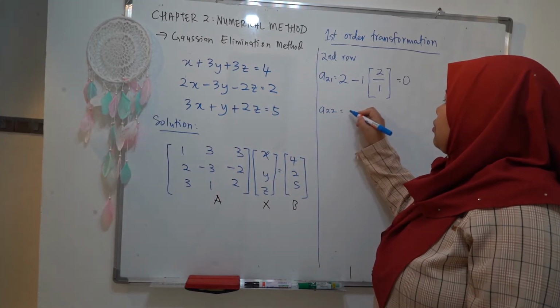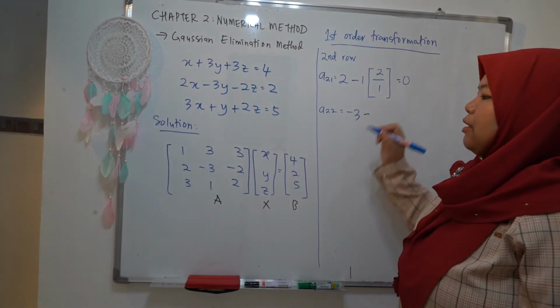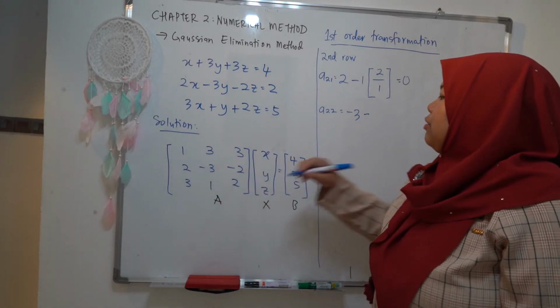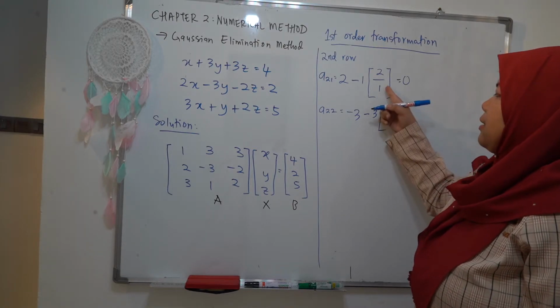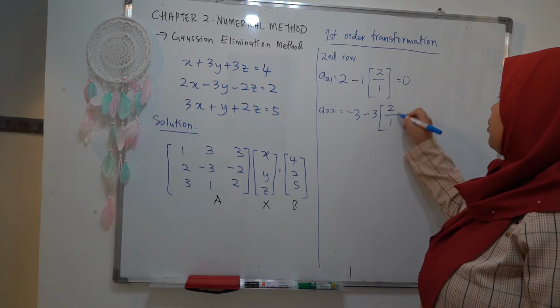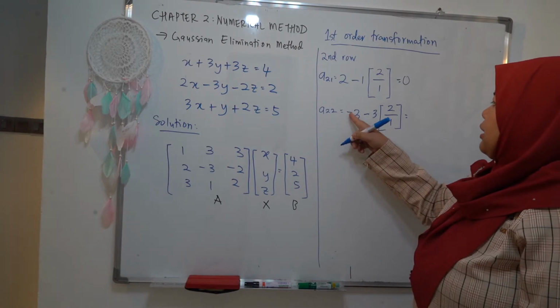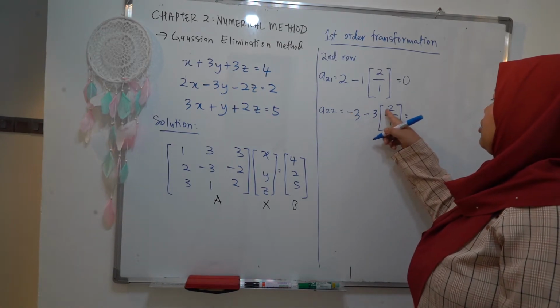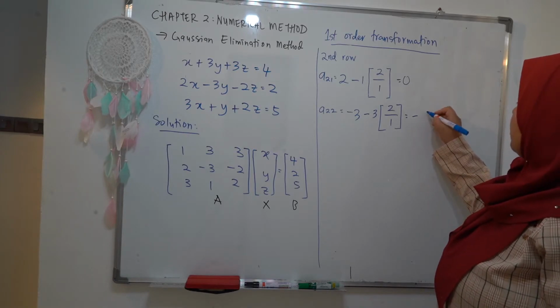For A22, negative 3 minus the number on the top, which is 3. For the multiplication, I just take from A21, which is 2 over 1. You can use a calculator. So negative 3 minus 3 times 2 over 1, I get negative 9.